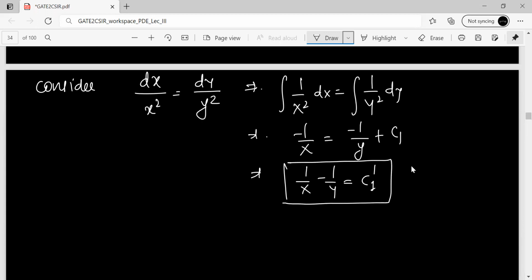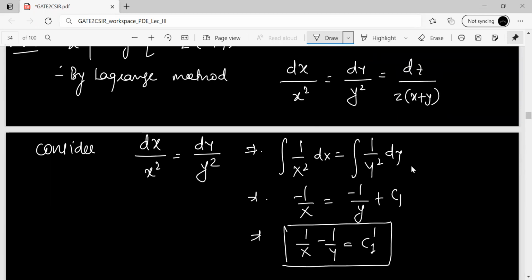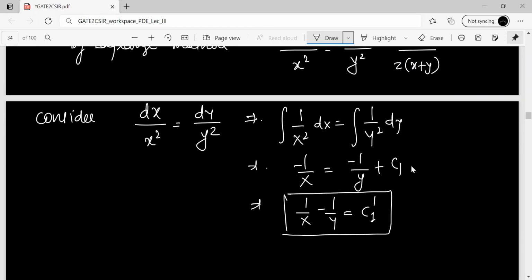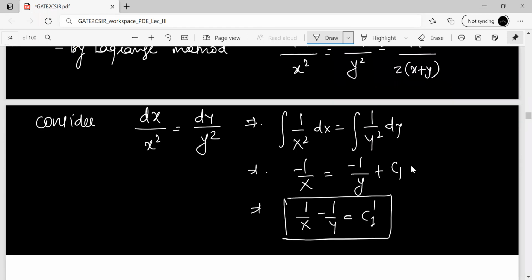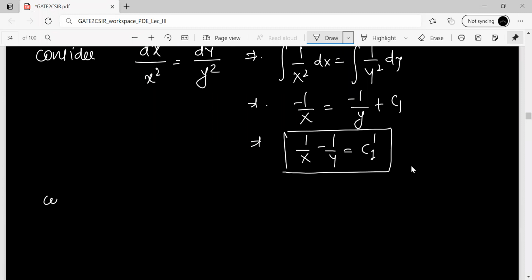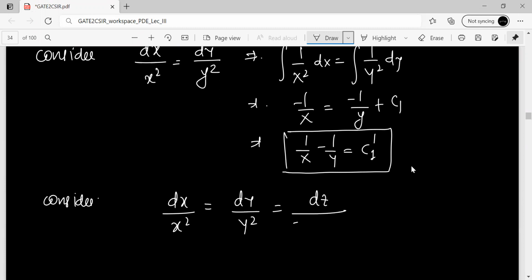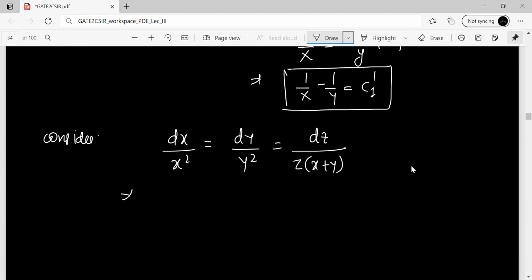And now, again, what can I do here? So instead, yes, I got one more. Consider it is dx over x square equals dy over y square equals dz over z times x plus y. What will happen if I do this?